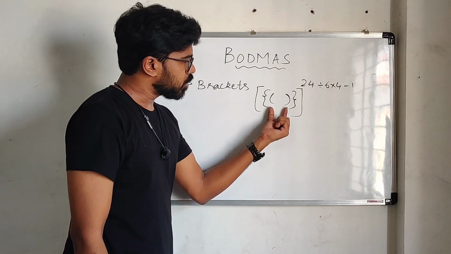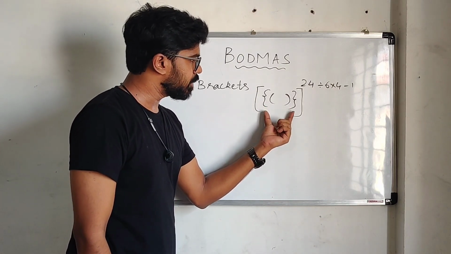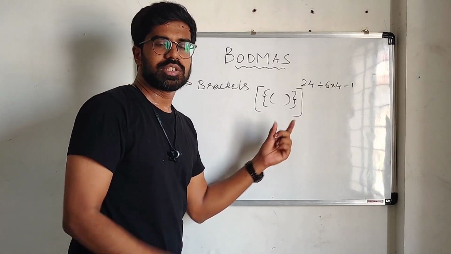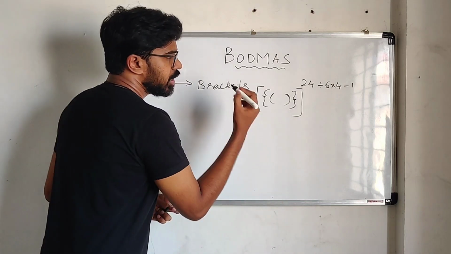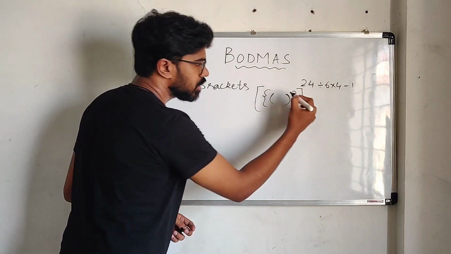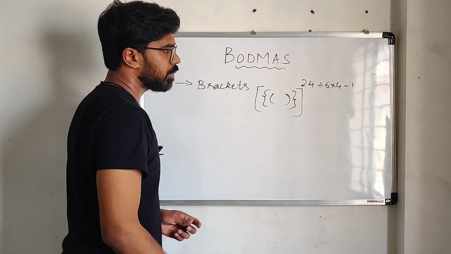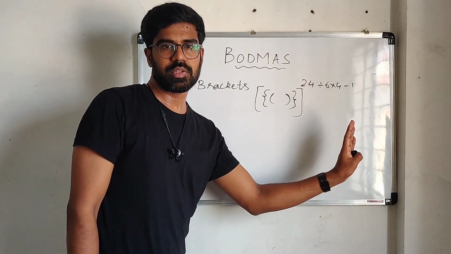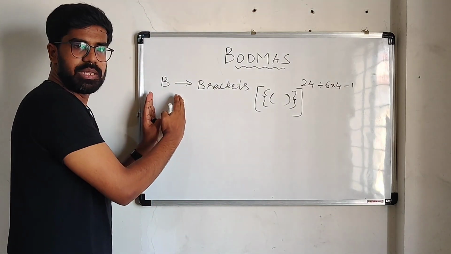So what is the order of these? You have to give the first preference to the round bracket, then comes curly bracket, then the square bracket. You have to solve it accordingly. Alright. So this one is for B.